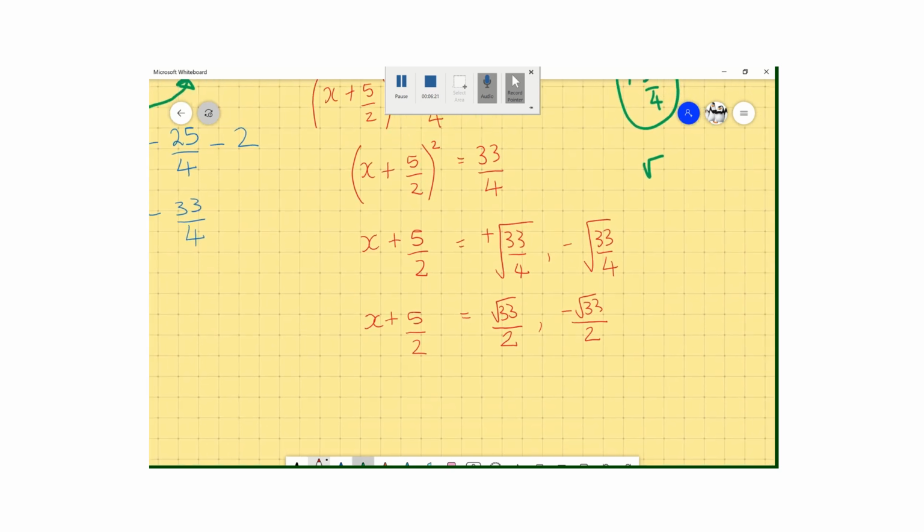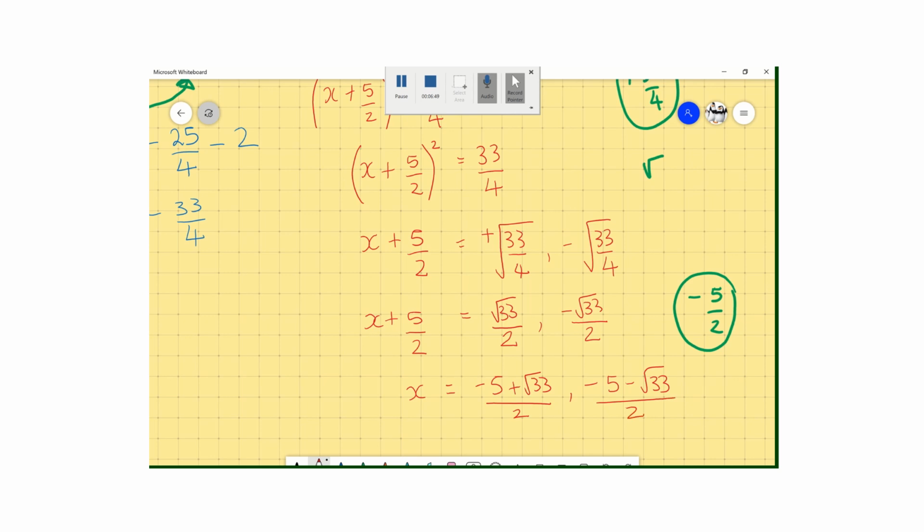So when we subtract our 5 over 2 to find out what x is, all the fractions have a denominator of 2, so we can immediately combine them. So subtracting this is going to give me a minus 5, and then I've got a plus square root of 33 all over 2, or I've got a minus 5 minus the square root of 33 all over 2.